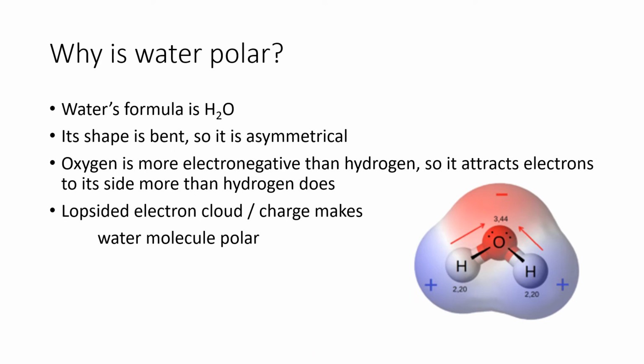All right, moving on. Why is a water molecule polar? So if you remember, water is H2O, and if you were to draw the Lewis structure of water, remember that from last semester, we have two H's and the O in the middle, and then we also have two lone pairs.